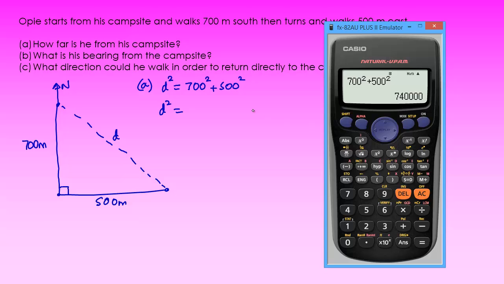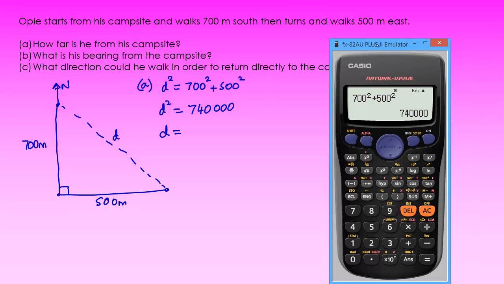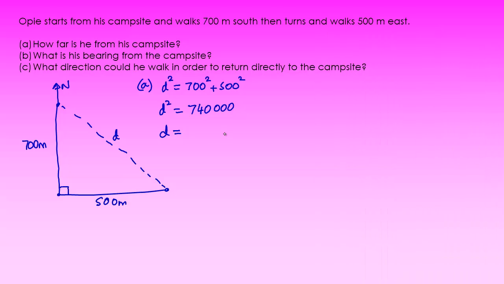So that's 740,000. And then d would be the square root of that. So we want the square root of the last answer. So 860 meters to the nearest meter.